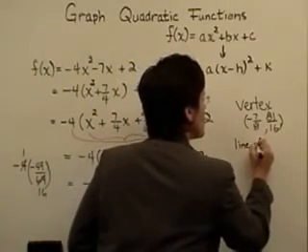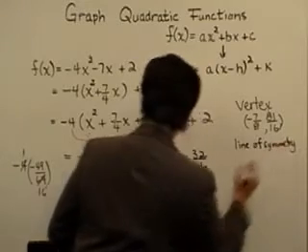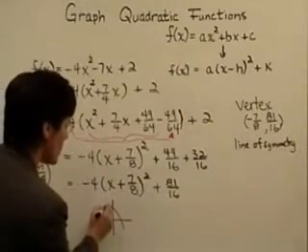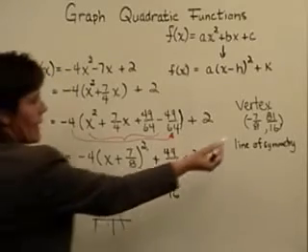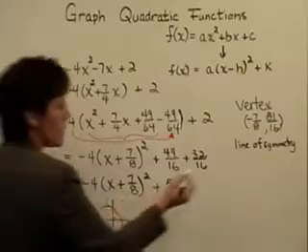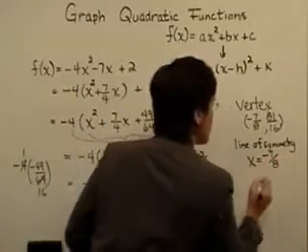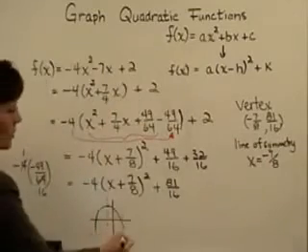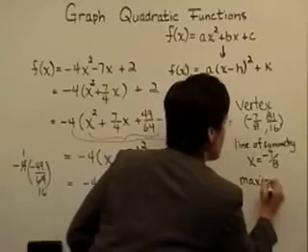My line of symmetry, if this were correct, is at that -7/8, the opposite of this. So that's the line where x is equal to -7/8. And then again, because I know the curve goes like this, I know it has a maximum point, not a minimum.